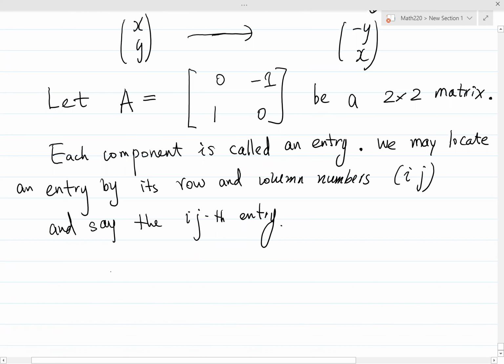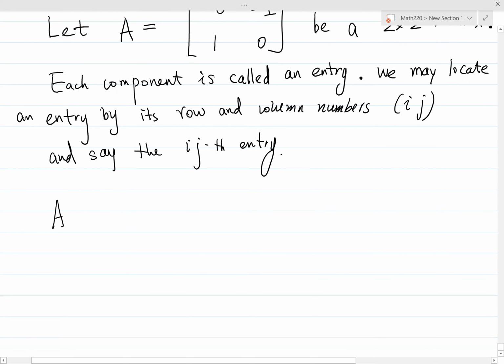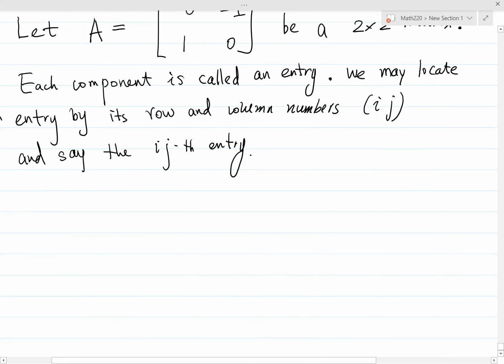Why do we put A in this form? Let me write A here.